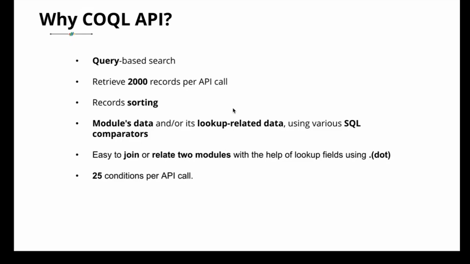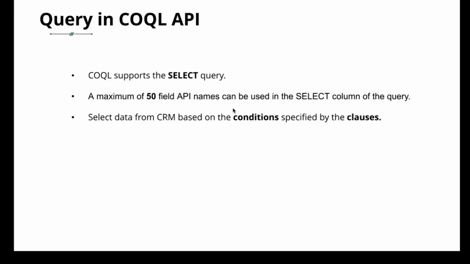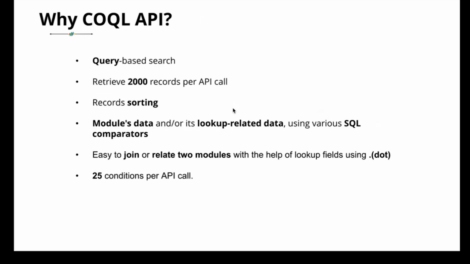Because you can query for cross modules, you can use the dot operator to get data from the lookup modules as well. You can use up to 25 conditions per API call in the COQL API, whereas Search API only allowed 10 criteria in the criteria parameters.